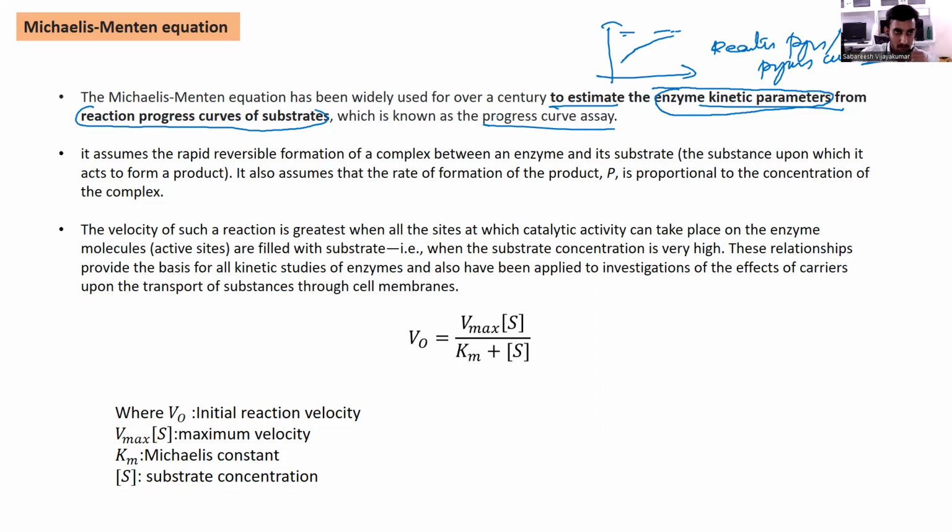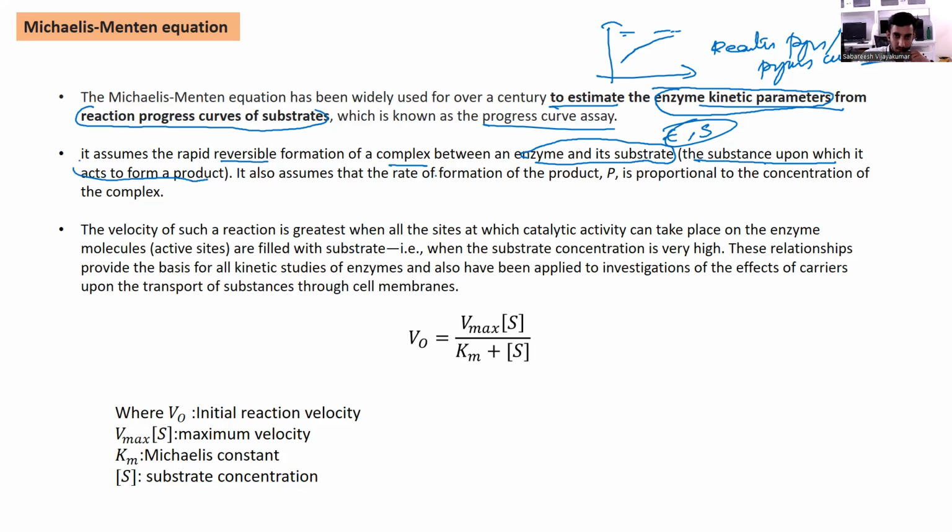The equation assumes a rapid reversible formation of a complex between an enzyme and its substrate. We know that a substrate is a substance upon which the enzyme acts to form a product.